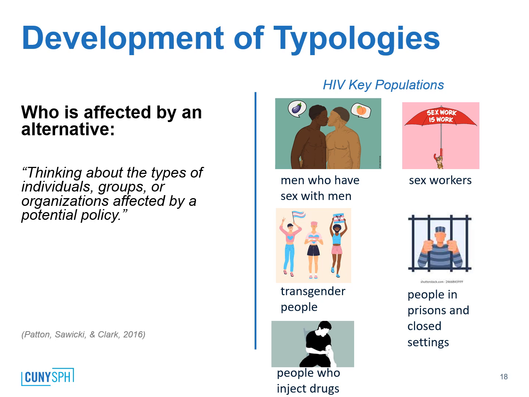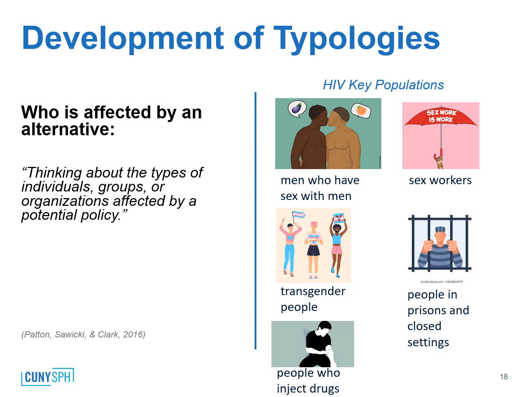Using different typologies helps us organize policy options based on who is affected and what type of intervention is being proposed. Patton, Sawicki, and Clark emphasize that typologies make our thinking systematic. These ensure that we consider all relevant groups and intervention categories.